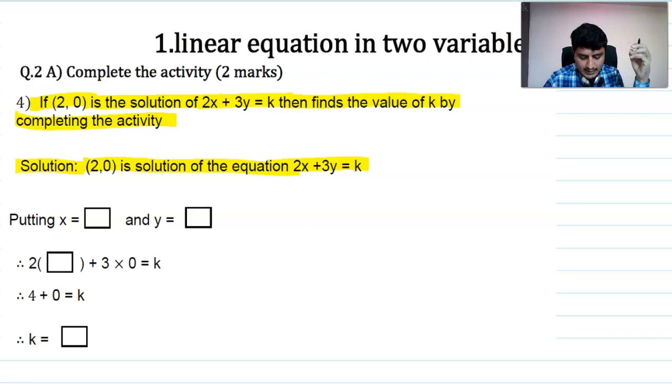What is meant by satisfies? Once we replace x by 2 and y by 0 in the given equation, that gives us 2 times x, where the x value is 2, plus 3 times y, where the y value is 0, equals k. Now we know 2 2s are 4, plus 3 into 0 is 0, 4 plus 0 is 4. So the value of k we are getting here is 4.